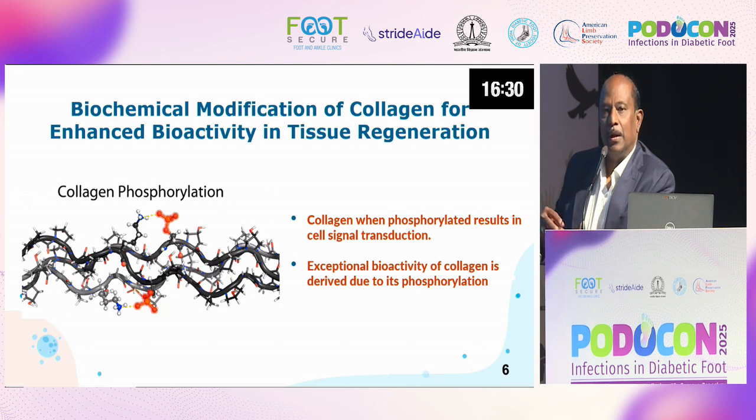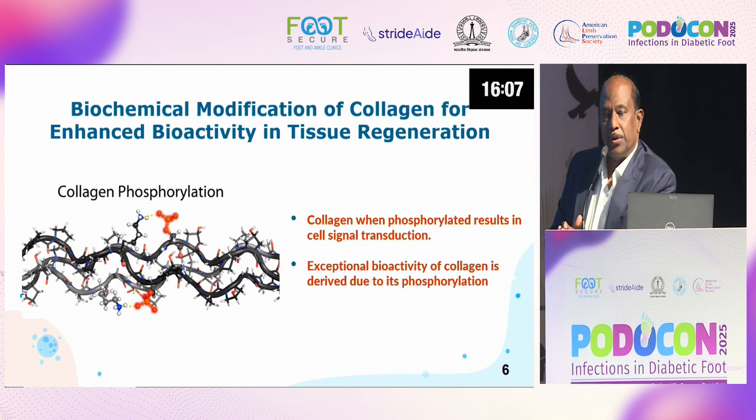For example, once a tissue is damaged, that damaged tissue may have different types of tissues. For example, if it's a skin damage, the skin tissue is damaged, some underlying bones are damaged, the muscles are damaged.